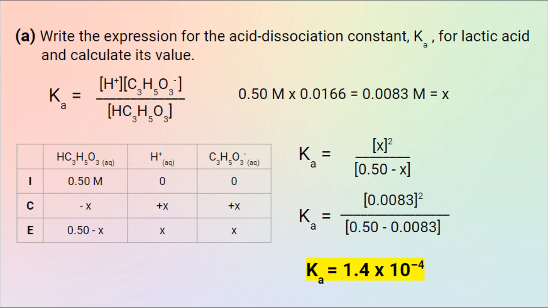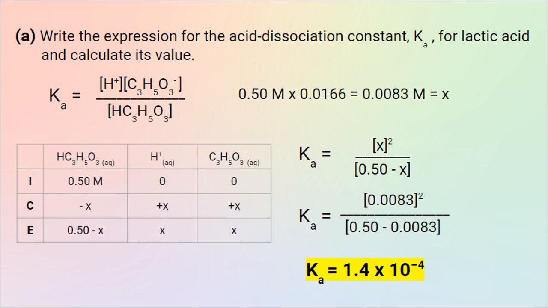So we plug those values into the equilibrium equation to get Ka is equal to x squared over 0.5 minus x, and we know that x is 0.0083, so we get 0.0083 squared over 0.5 minus 0.0083, and we can solve from there to get a Ka value of 1.4 times 10 to the negative 4.